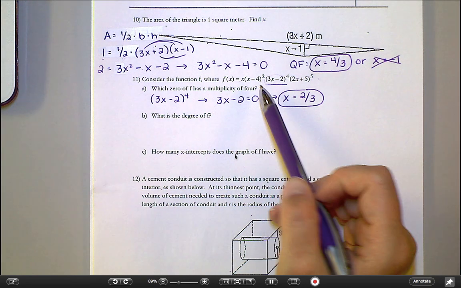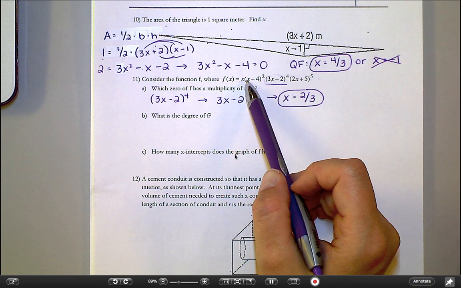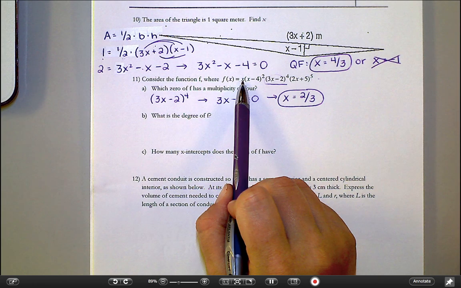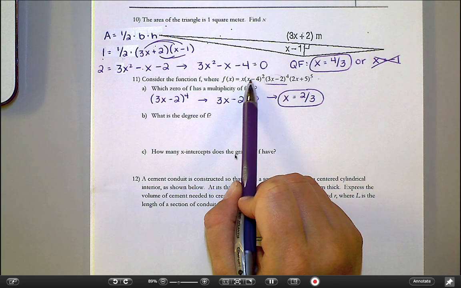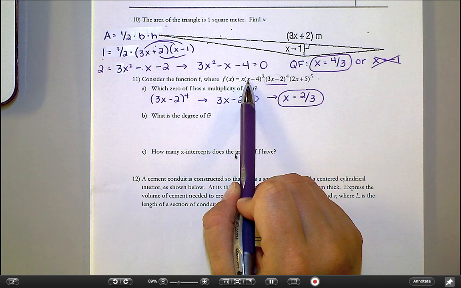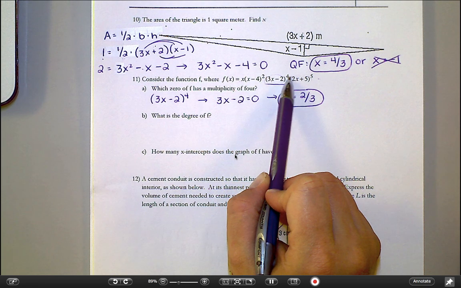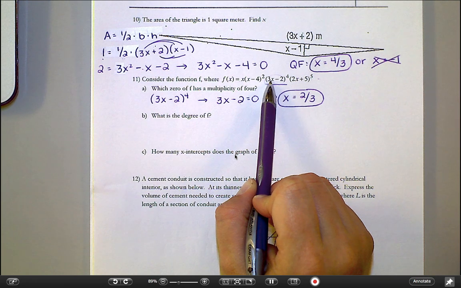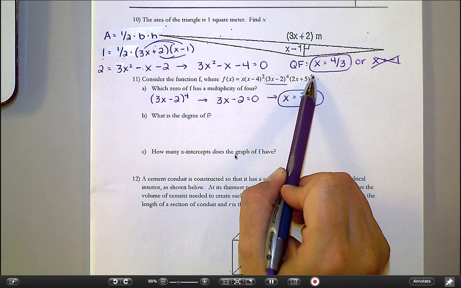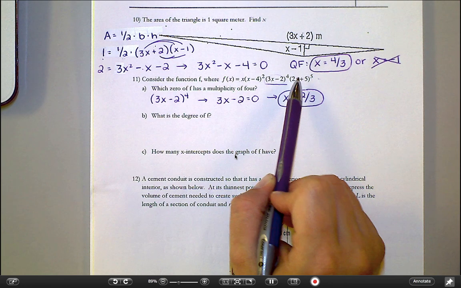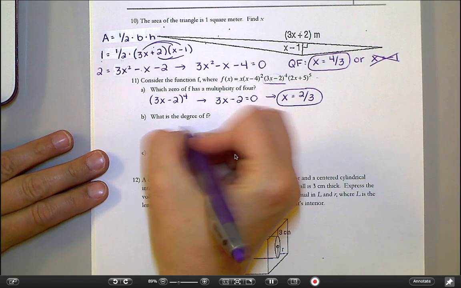We can just think to ourselves, if we end up multiplying all of these x's together, here's like an x. This is going to end up being an x squared. So there's 1, 2, 3. This would be x to the 4th. So I would have 4, 5, 6, 7. And this is going to end up being an x to the 5th. So 8, 9, 10, 11, 12. So my degree is 12.